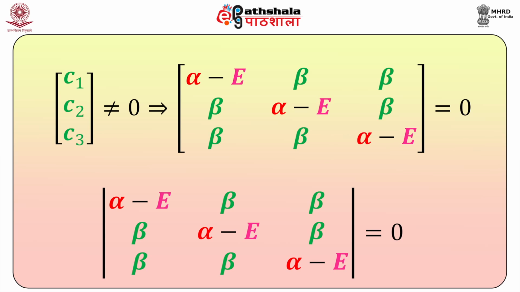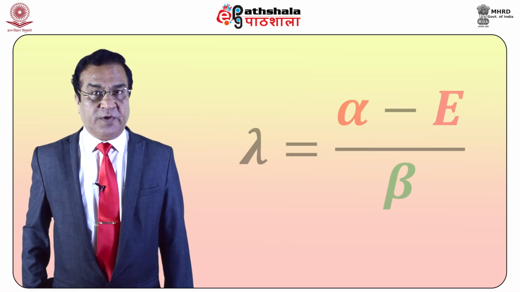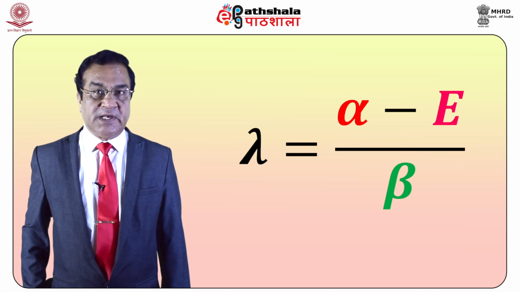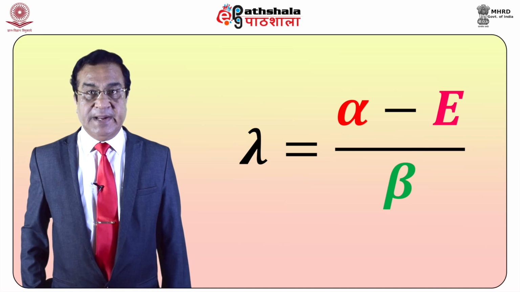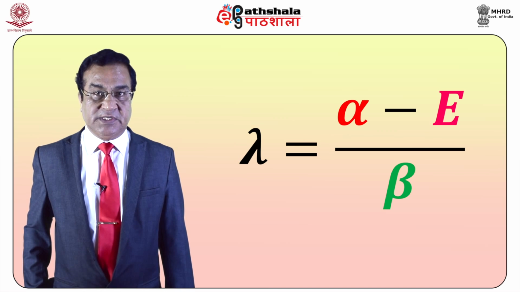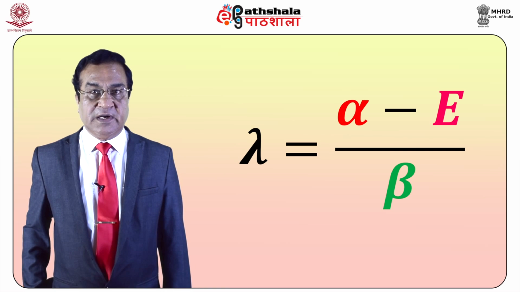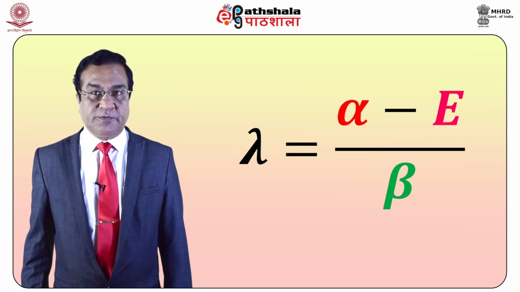Now in this Huckel determinant, to further simplify it, we make the following assumption: alpha minus E upon beta is taken to be equal to lambda. Once we substitute this, the Huckel determinant simplifies to the following form.